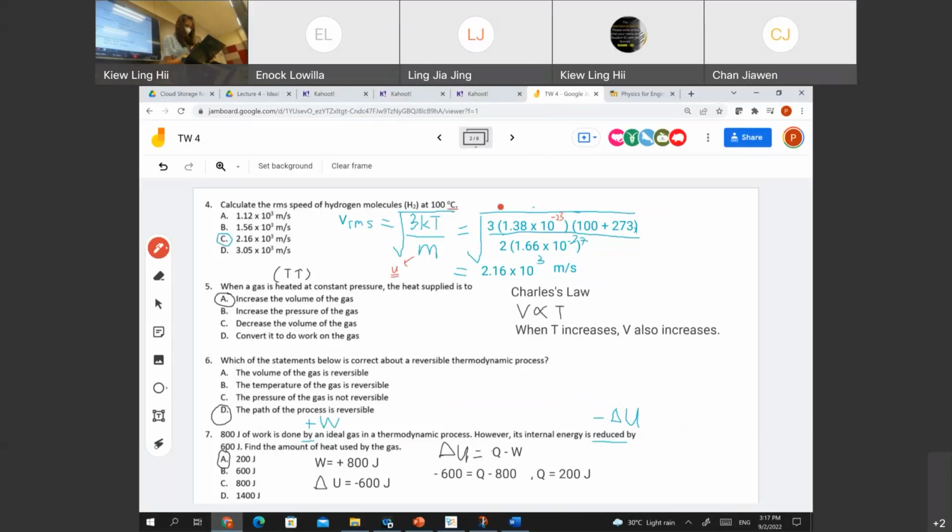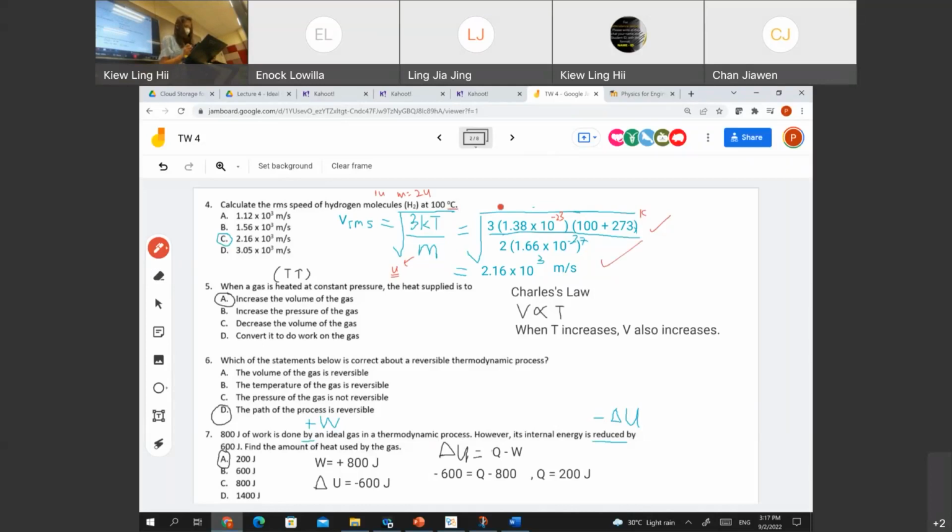Divide by the mass: one hydrogen is 1 U, so H2 is 2U, where U is 1.66 times 10 to the power of negative 27. So it's around 2.16 times 10 to the power of 3.